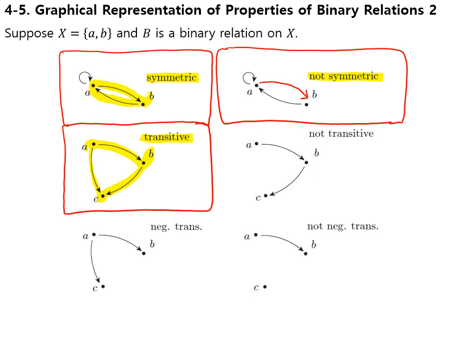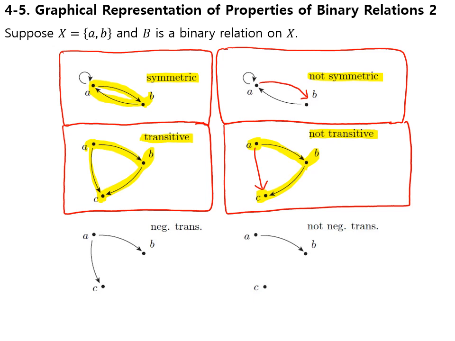Now, let's move on to the picture that is on the right. This is not transitive, and the reason why it is not transitive is because although A is related to B and B is related to C, A is not related to C. So in order to make this picture transitive, we must have an arrow that comes out from A and points towards C.